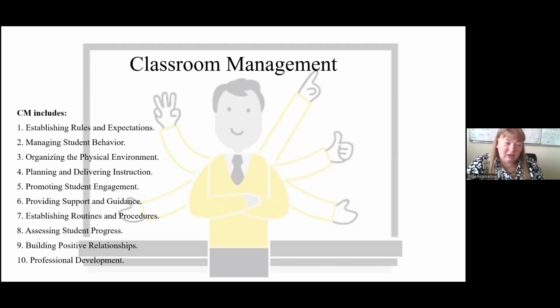But in real life, the classroom management includes a lot more other things, such as establishing the rules and expectations. Our learners should be aware of what is expected of them, what they need to be doing, how they should be doing that.